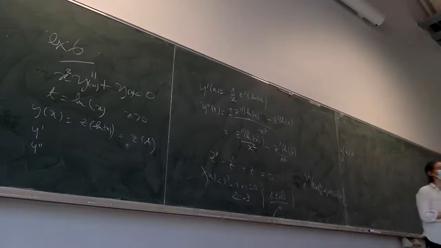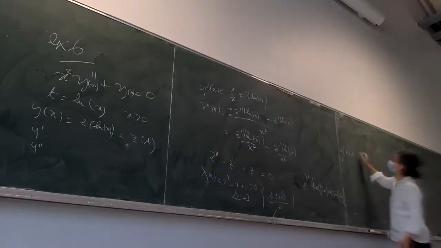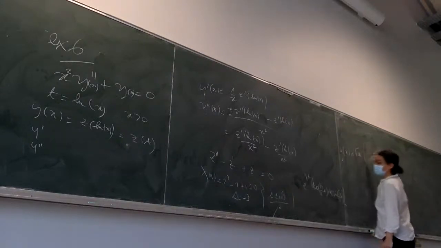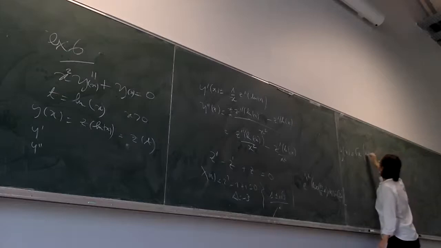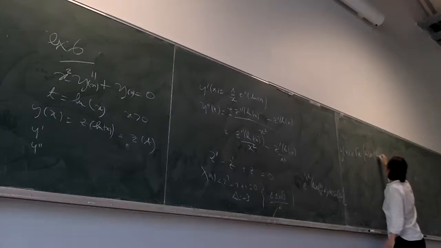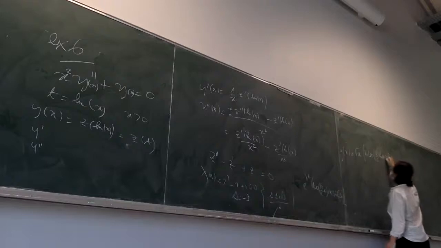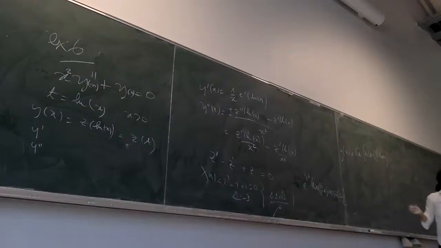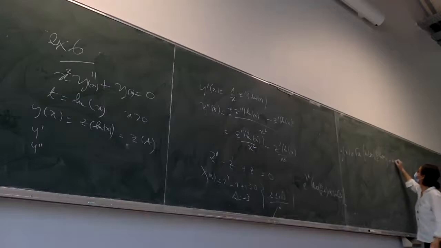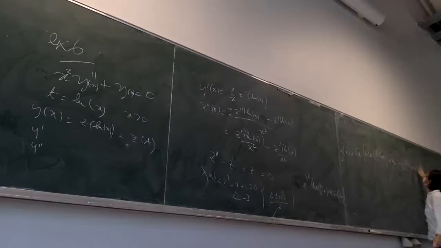Exponential 1 over 2t, t is equal to log of x, so square root of x, times k1 cosine of square root of 3 over 2 log of x. Okay, no other way to find this kind of complicated stuff than that. Plus k2 sine of square root of 3 over 2 log of x.